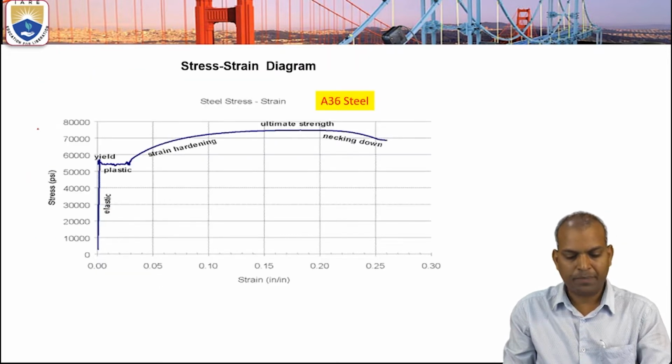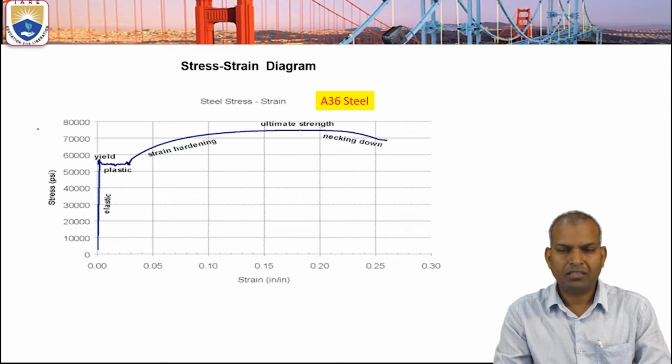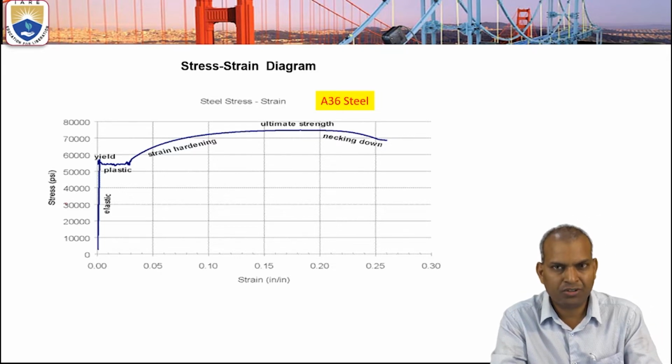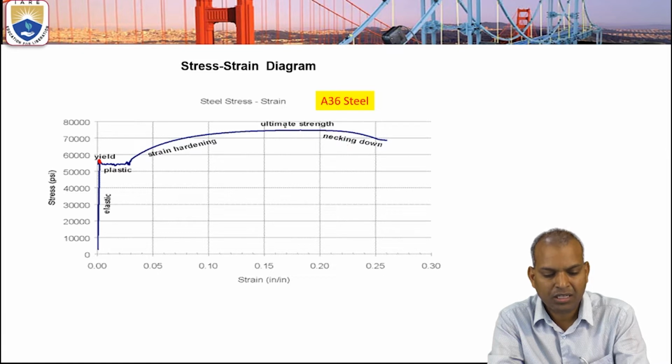The next, this is the practical stress strain diagram of A36 steel. We can see it is experimentally drawn, with results obtained under a UTM, Universal Testing Machine. So this is the elastic region, this is the yield strength, this is the plastic region, and strain hardening is taking place, then necking down, the ultimate tensile strength, and the fracture. It is the fracture strength.